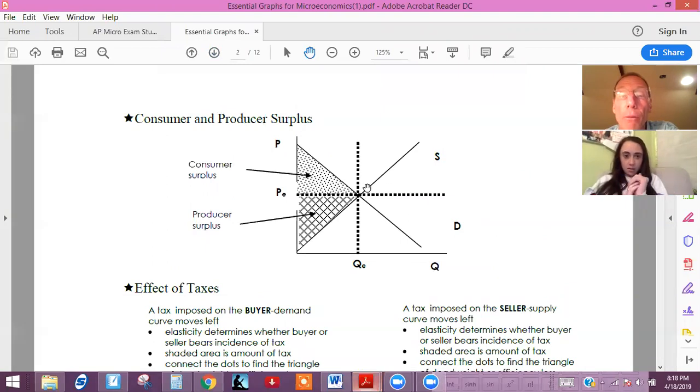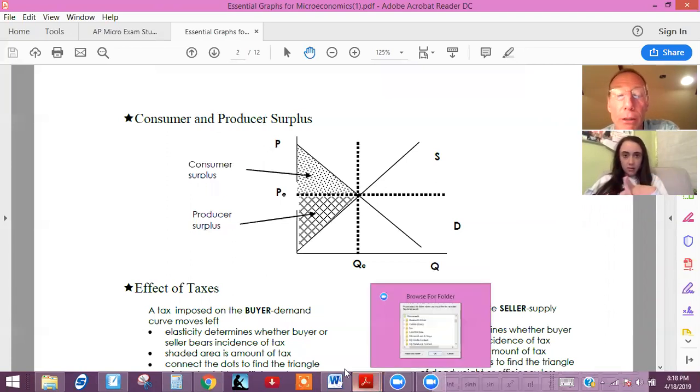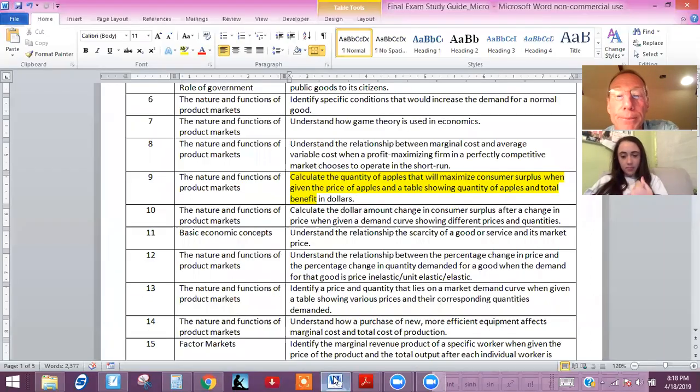If we go from here up to here. Price will increase. Exactly. Easy enough. Most of these questions, if you can picture the graph or even sketch it out really quickly, it's easy, right?